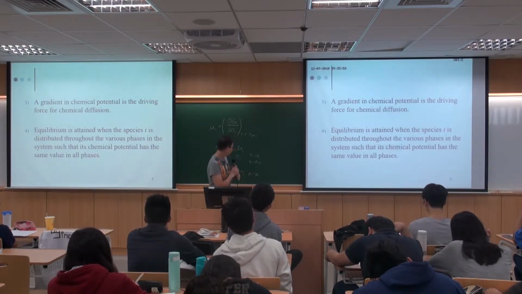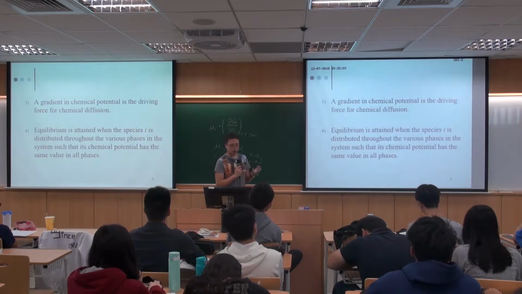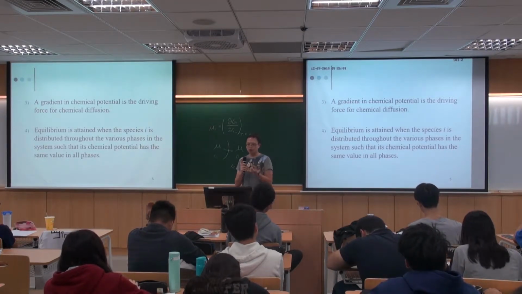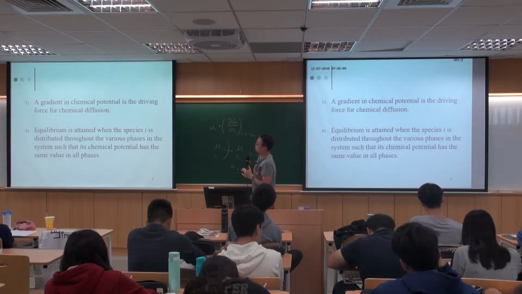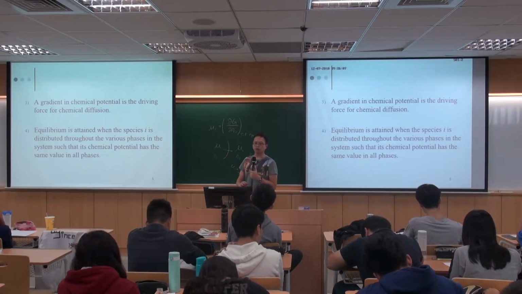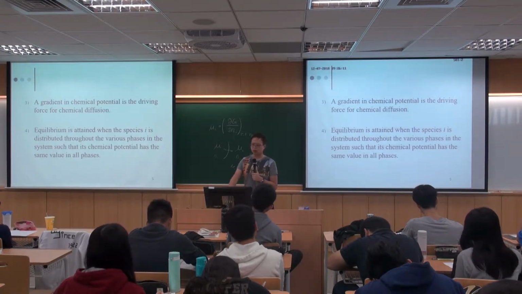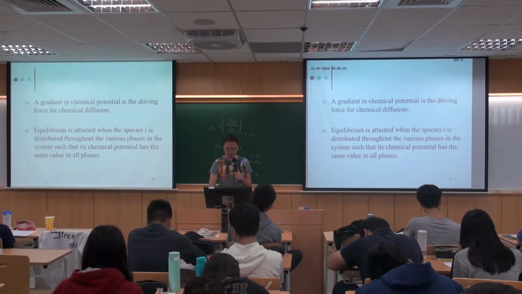Okay, so when mu_1 is the same as mu_2, it means that the system is in equilibrium. Okay. But again, in this chapter, we won't talk more about this. We'll switch our focus back to the pressure and the temperature and how they will change the Gibbs free energy.